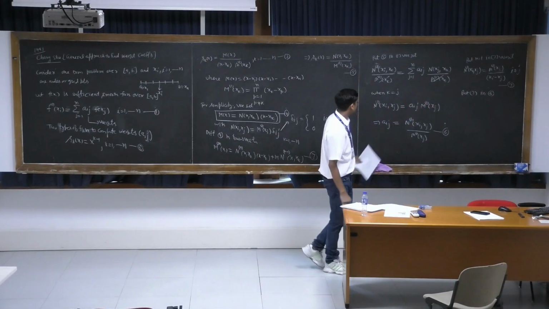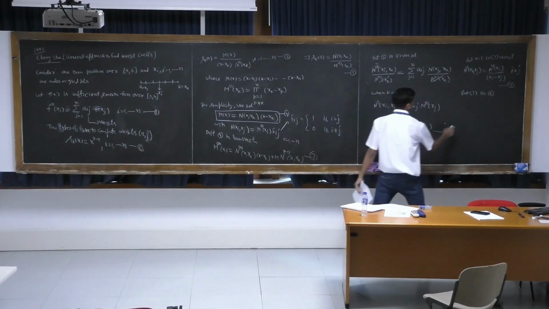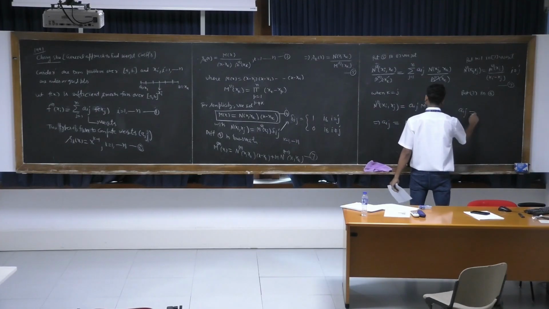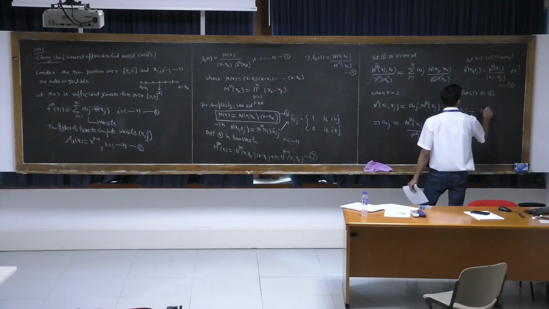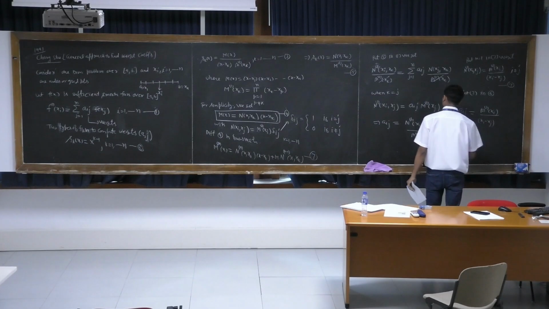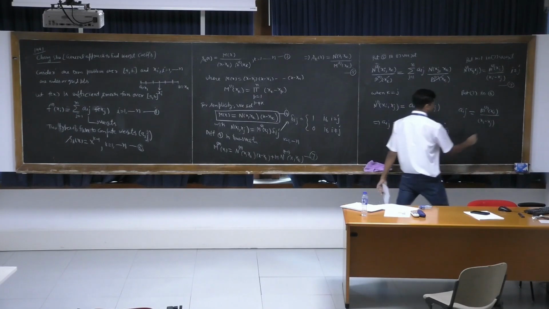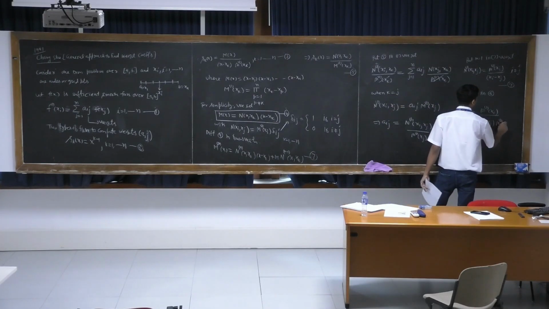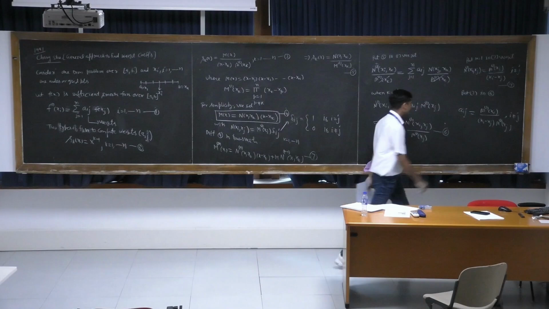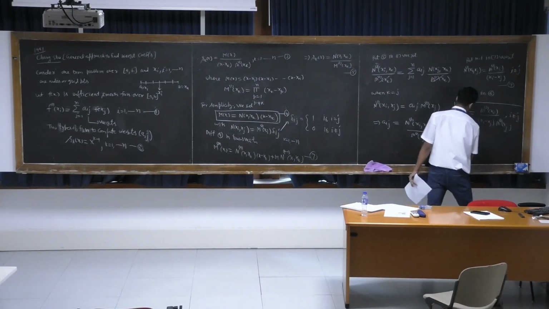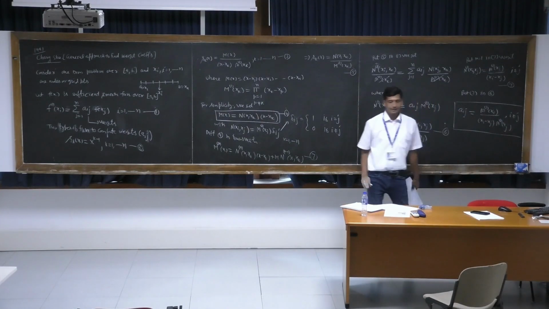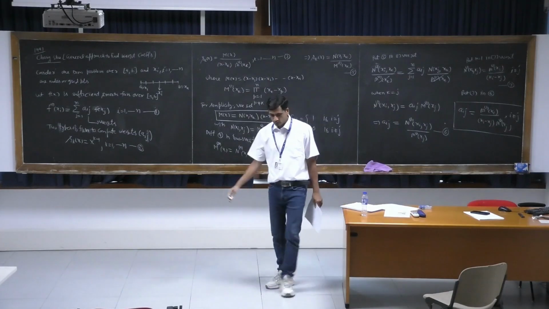We get aij equal to M1 of xi over (xi minus xj), and in the denominator M1 of xj already there, when i is not equal to j. So these are the weights when i is not equal to j.